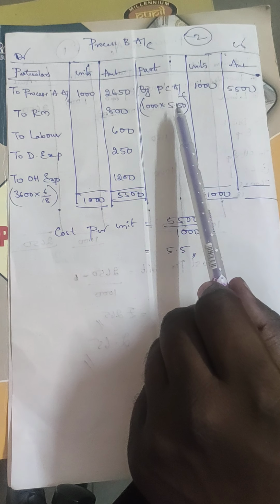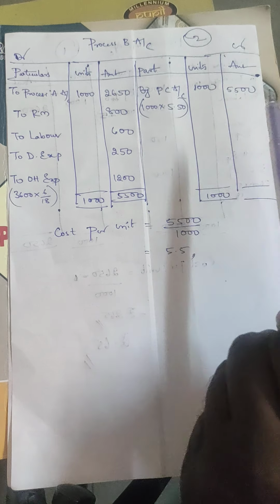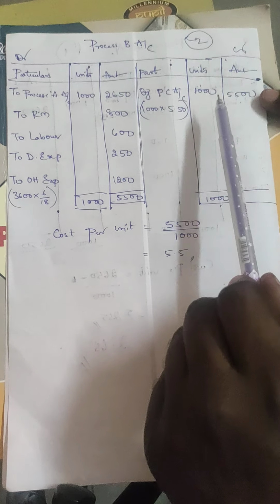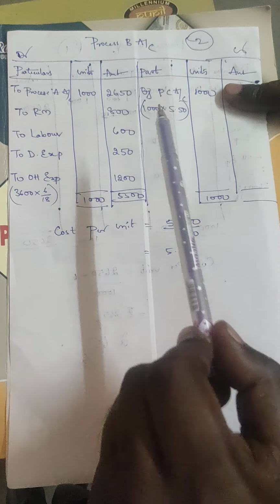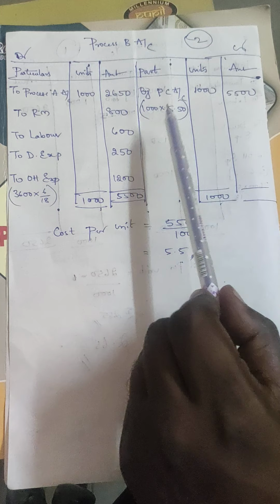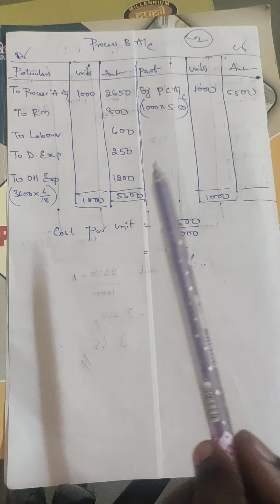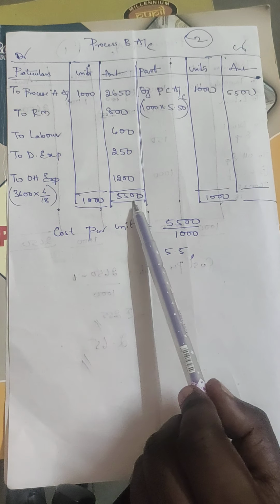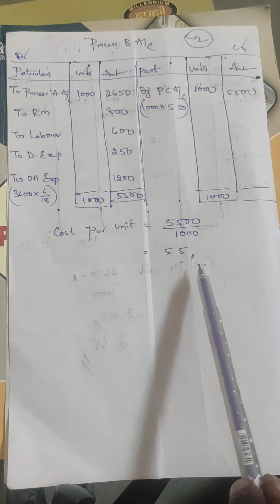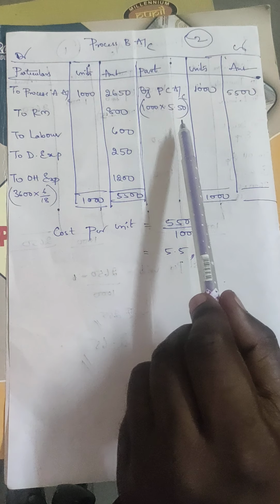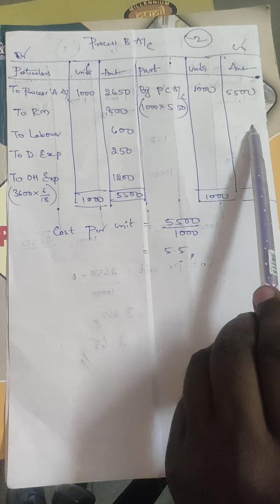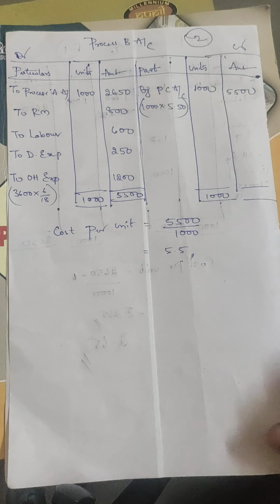By process C 1000 units. Here we have to find the value. After finding the cost per unit we multiply it by the units and we will get this value. So cost per unit is 5500 divided by 1000, it is 5.5. So 1000 into 5.5 is 5500. This is process B.